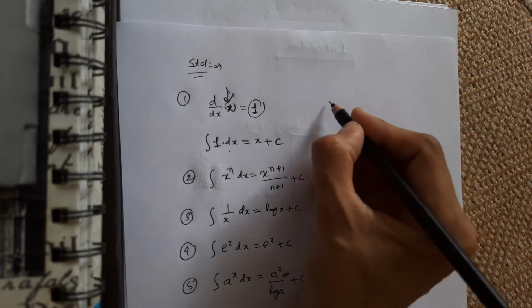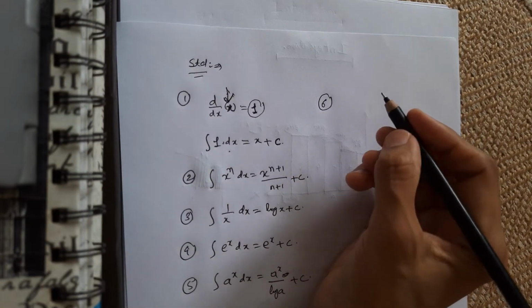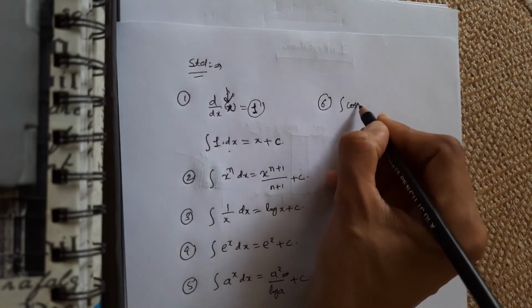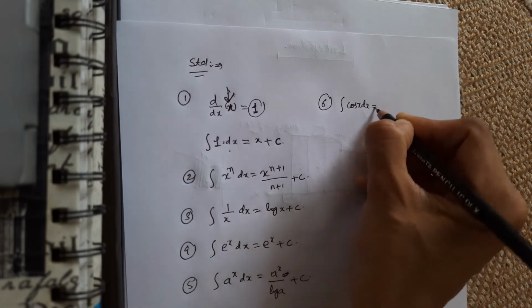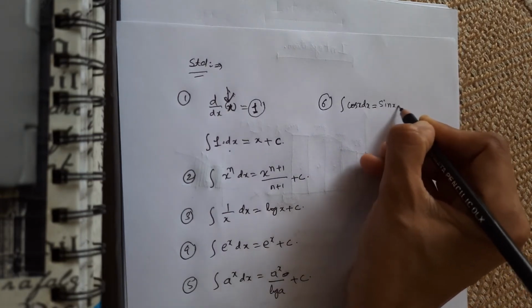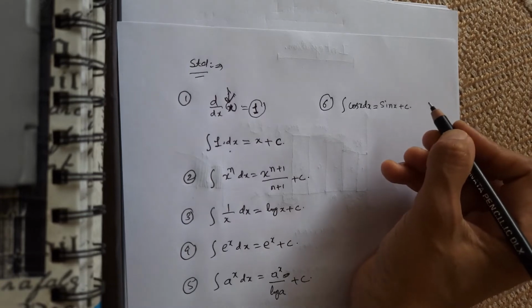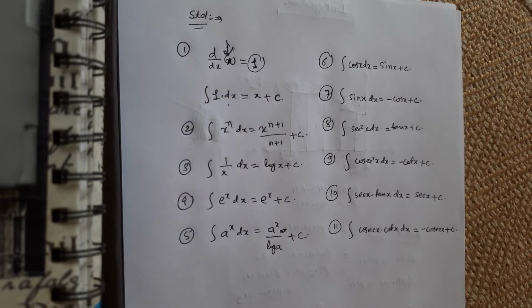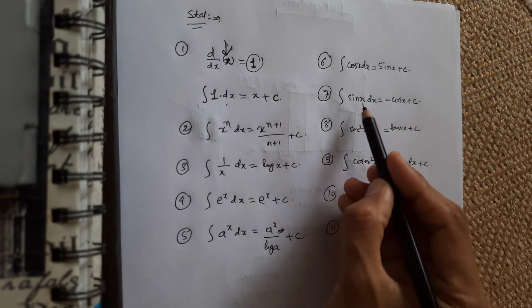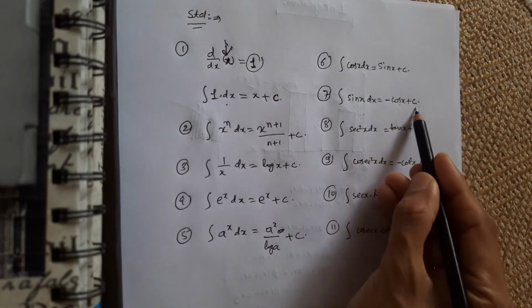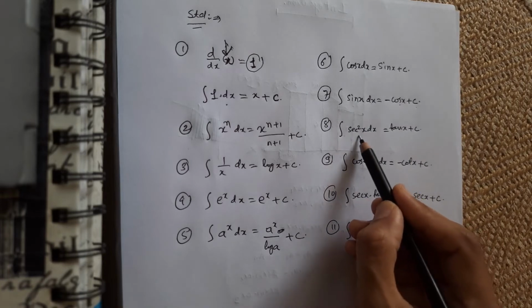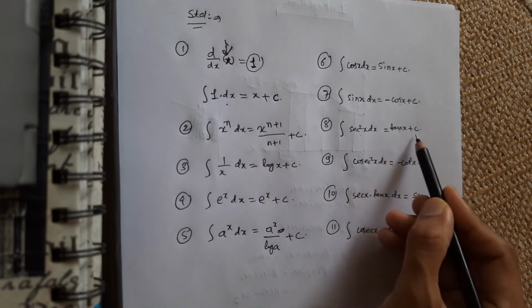Then sixth number is integration cos x dx is sin x plus c. Okay, to save our time, I just write all the standard formulas like integration sin x dx equals to minus cos x plus c, integration sec square x dx equals to tan x plus c.